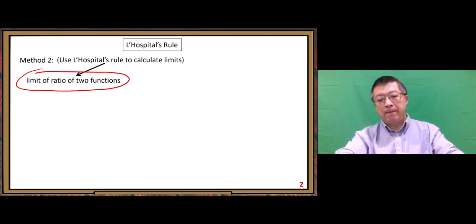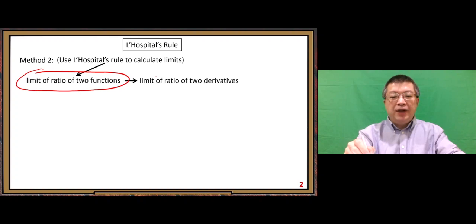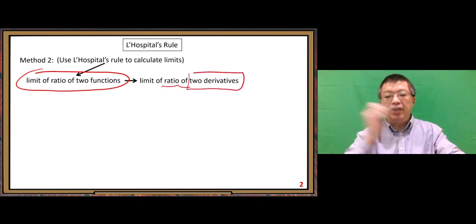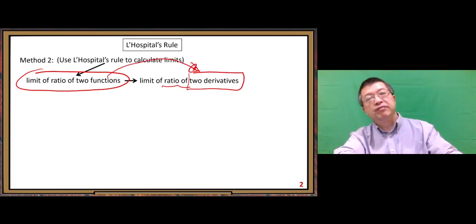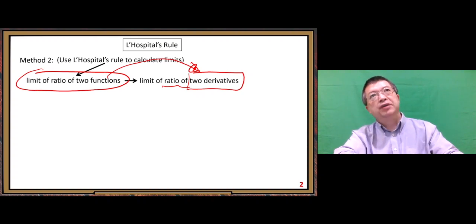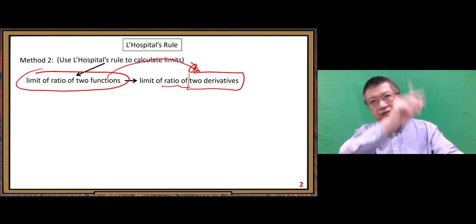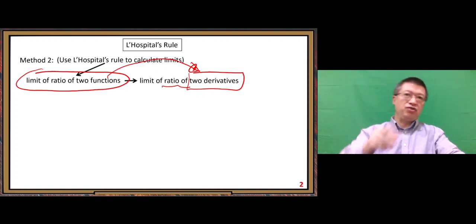That is, you find the limit of the ratio of two derivatives. Because these two functions, we can calculate derivatives. I hope you know how to calculate derivatives. If you can calculate the derivatives, you can use the L'Hopital's rule.